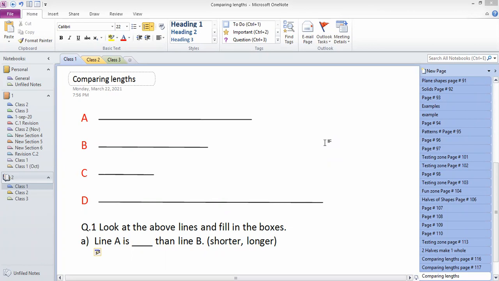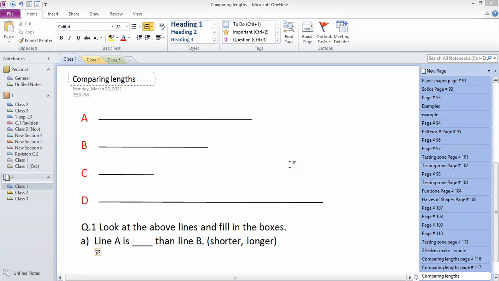Longer. Okay, very good. Sami Al Hiji. Line A is dash than line B. Shorter or longer? Shorter. Line A is shorter than line B? Now longer. Longer, okay.